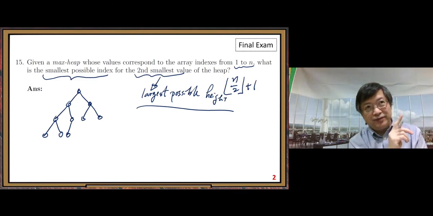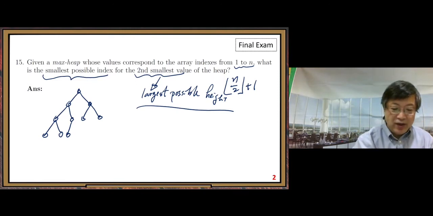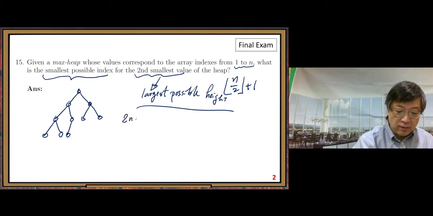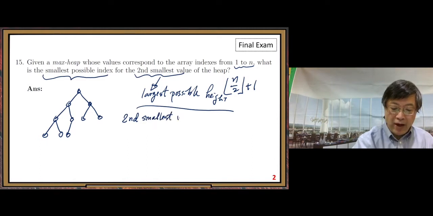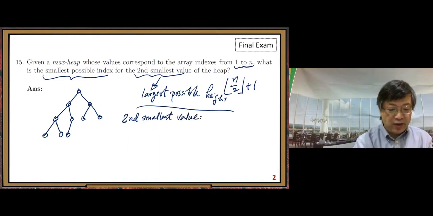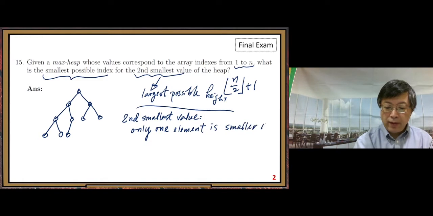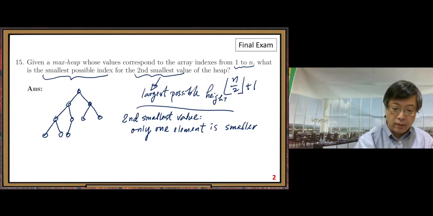So look at the picture. Second smallest value. How do we interpret second smallest? The interpretation is only one element is smaller than it.